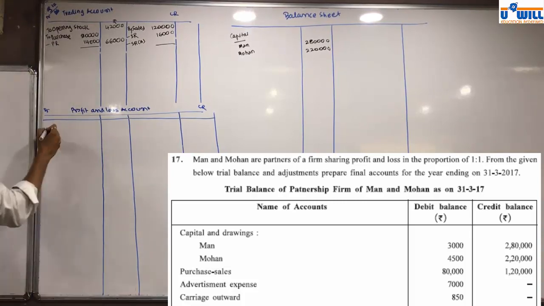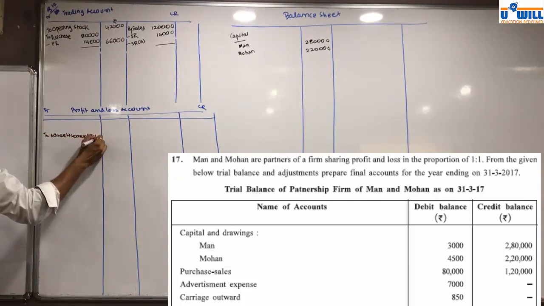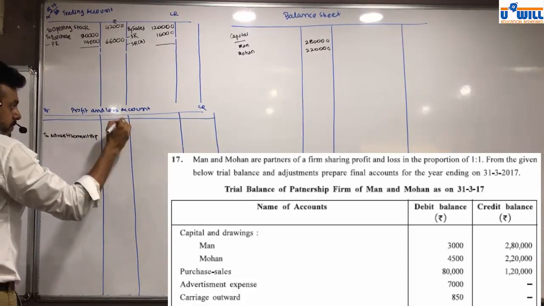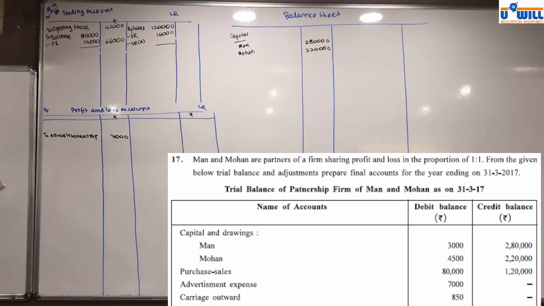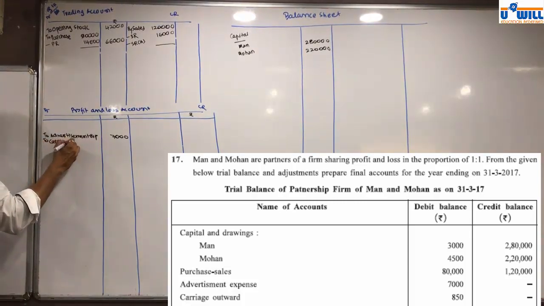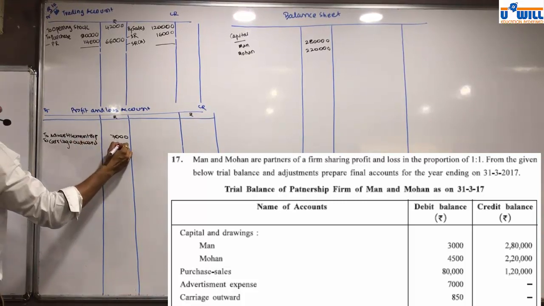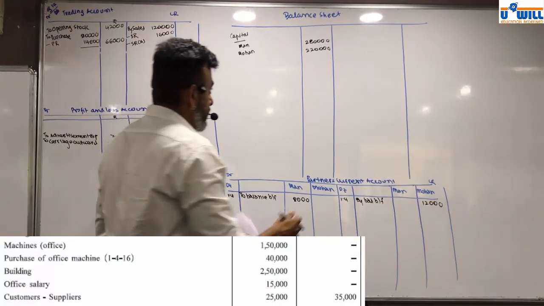Advertisement expense, first two lines blank. To advertisement expense 7,000. Carriage outward 850. Machines, office 1,50,000.